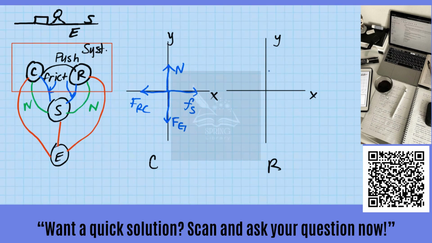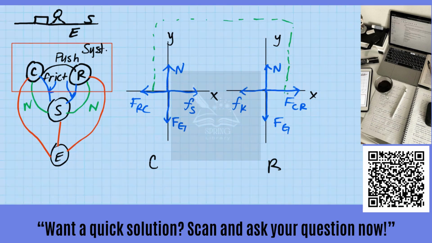And if you're talking about the rabbit, very similarly it has a normal force, has a force due to gravity. The friction here is kinetic friction, so F sub K, and then to the right is the force the car has on the rabbit. So with dotted lines, these are our action-reaction pairs.